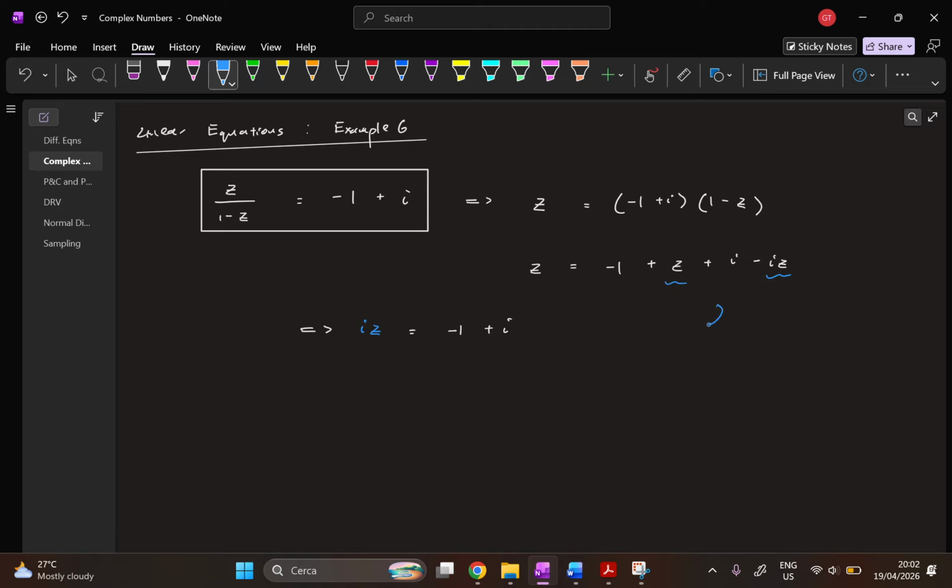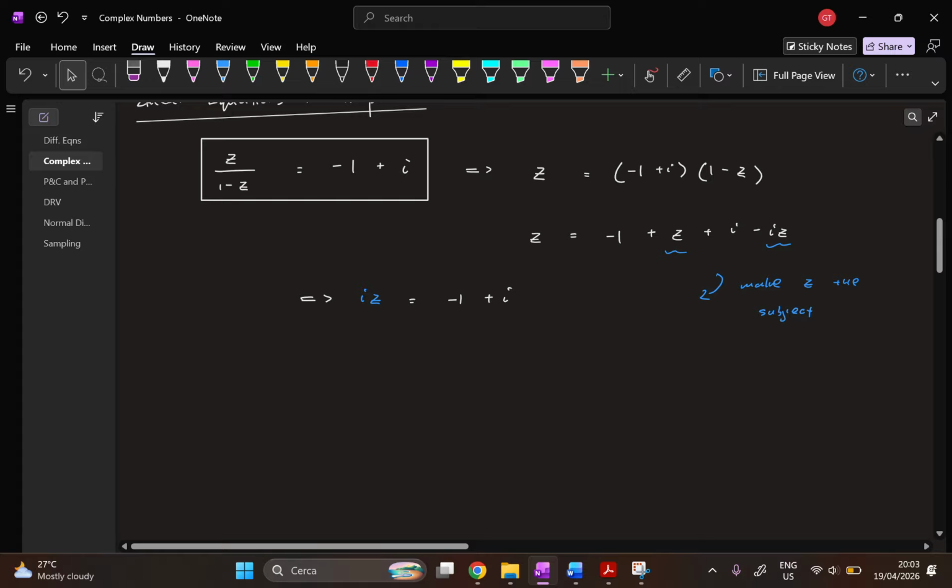You see here, it's pretty much the same types of strategies that you have been using for linear equations all along since Sec 1. Okay, and therefore you can actually simplify it, because in this case, let's compare the real and imaginary parts here. Over here, iz is obviously imaginary. That's on the left hand side.